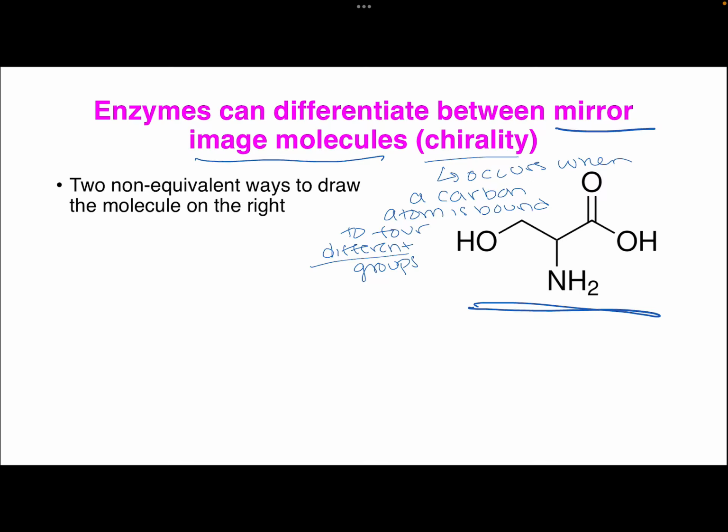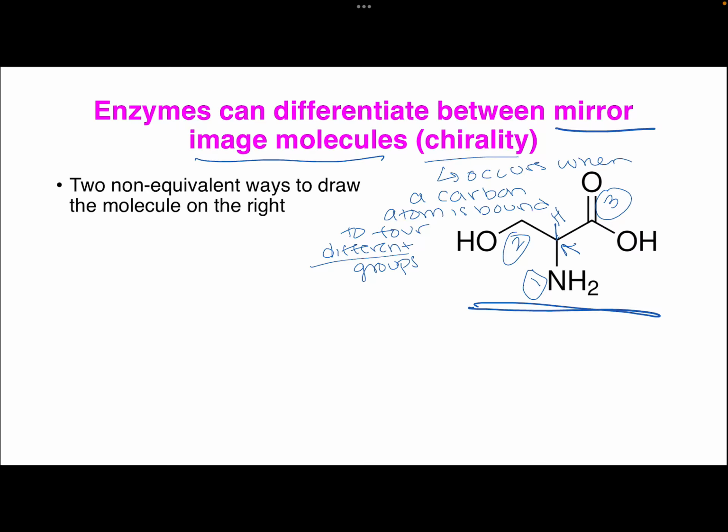So as it turns out, there are 2 non-equivalent ways to draw this molecule. And where that comes from is this carbon right here, which is bound to this group, and this group, all right? And we also have an implied hydrogen. So it's bound to 4 different types of groups.